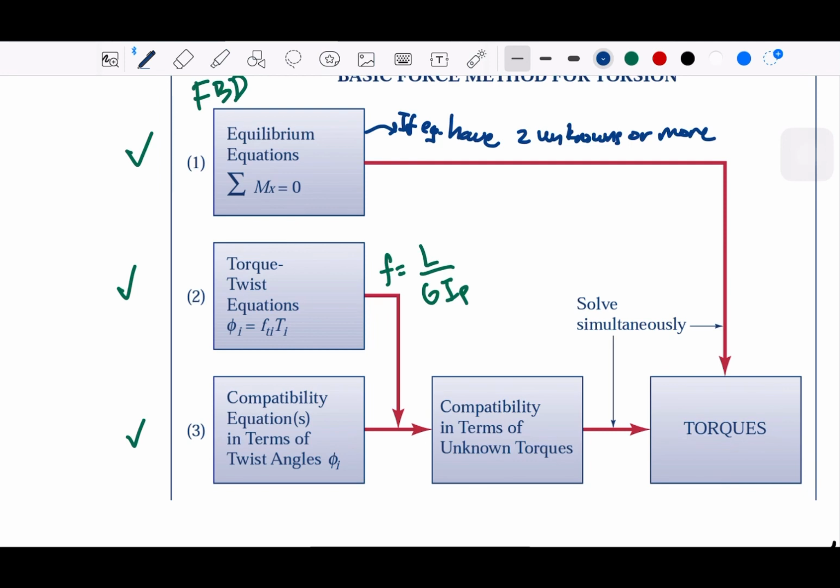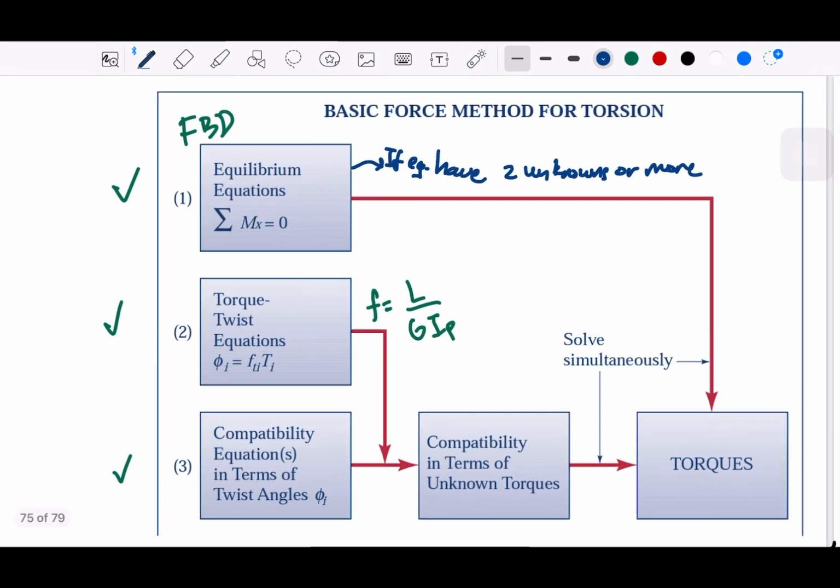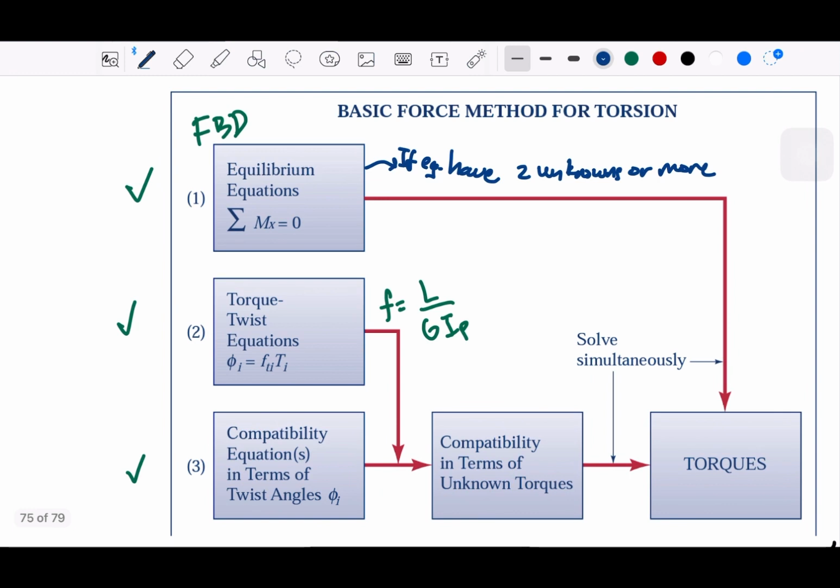And basically we say that this method is called the basic force method. So we focus on the force, that is, this element force here. There is another one that we call the displacement method, but basically they are the same, so I will just focus on this one.